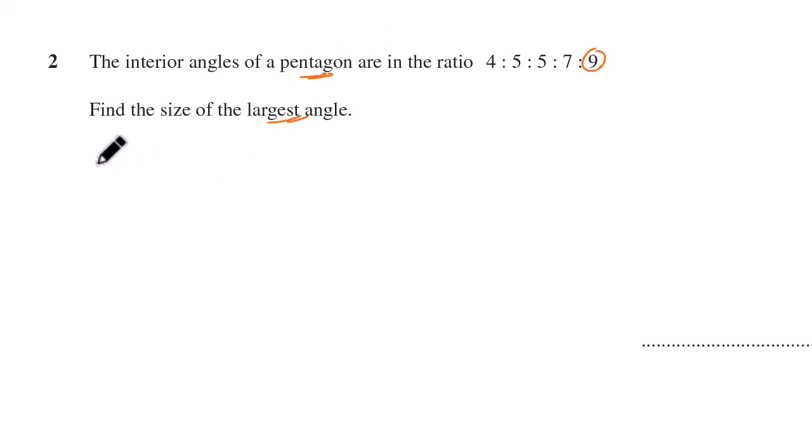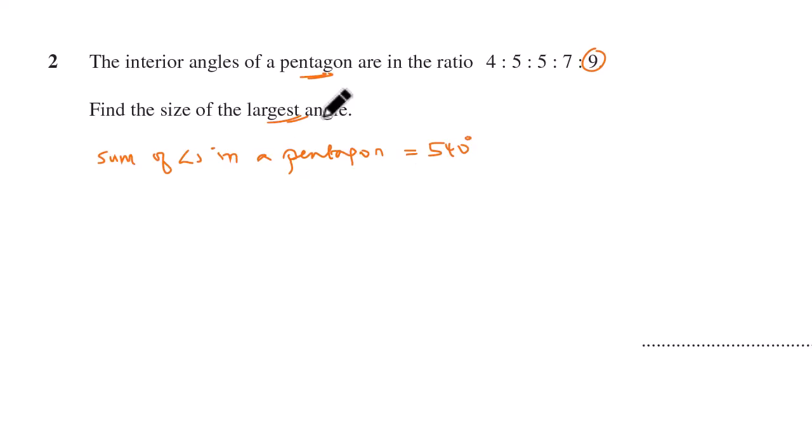Sum of angles in a pentagon is actually 540 degrees. That is, if you add up all the angles in a pentagon, it must give you 540.